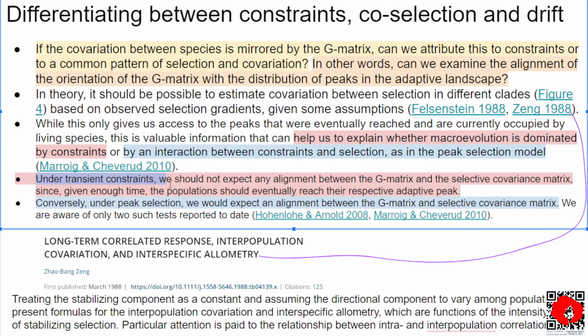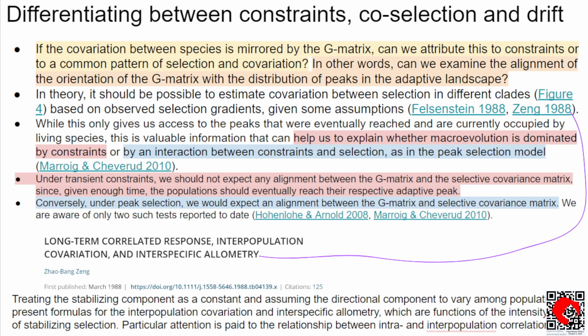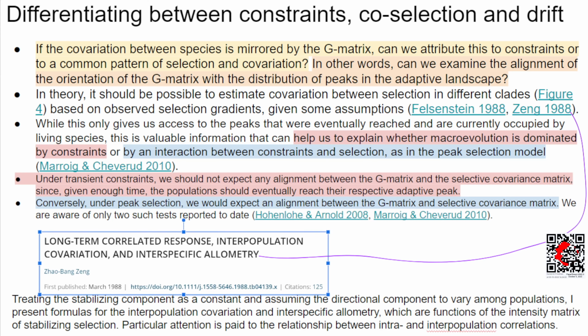Under transient constraint, we should not expect any alignment between the G matrix and the selective covariance matrix, since given enough time, the population should eventually reach the respective adaptive peak. Conversely, under peak selection, we would expect an alignment between the G matrix and the selective covariance matrix. We are aware of only 2 such tests reported to date. And here's the Zhang 1988 citation.